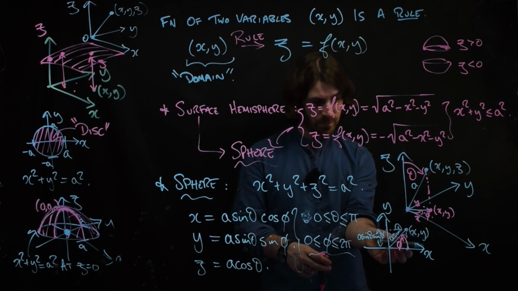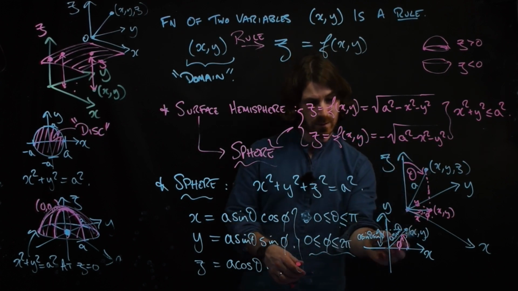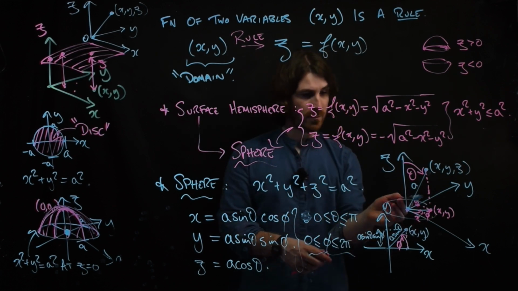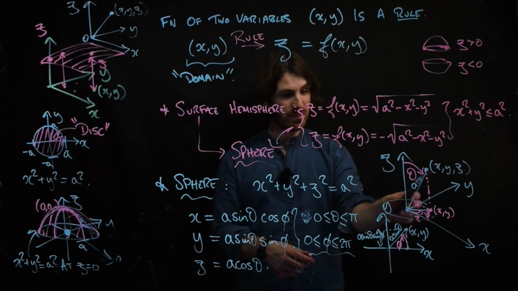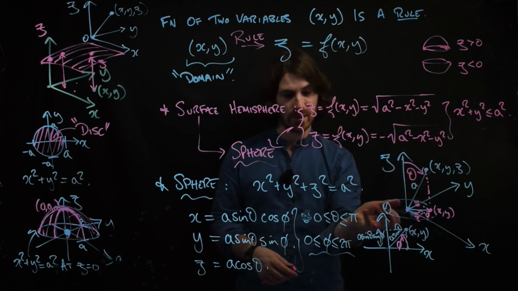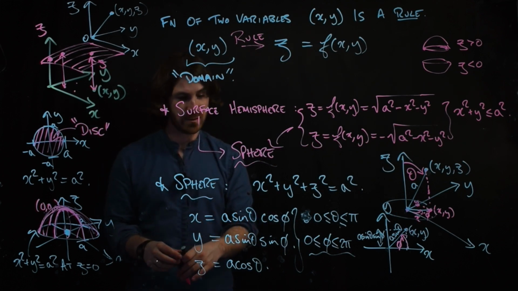So phi can go all the way around the circle. And if you think about a circle, if you rotate this from 0 to pi, this maps out the sphere. So this is the alternative definition of a sphere.